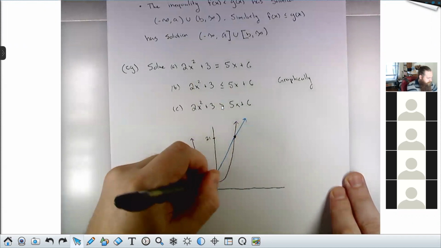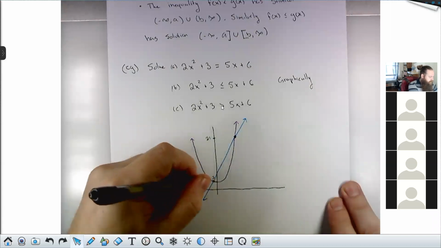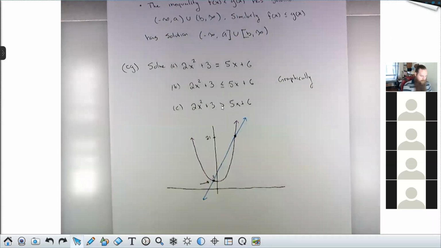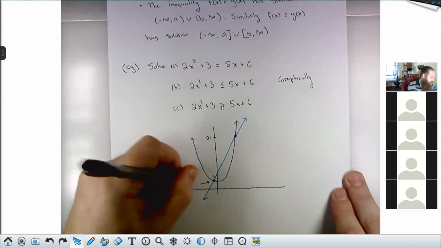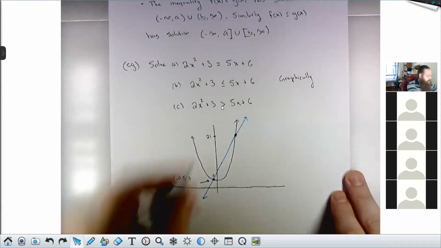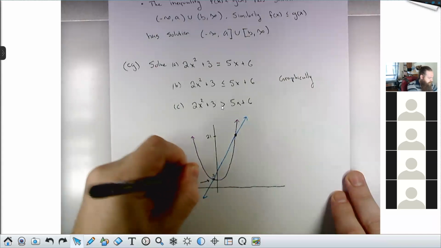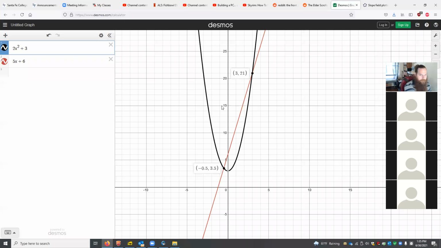All right. So from Desmos, we know that those intersection points are negative 0.5, comma, what was it, 2.5, right? 3.5, all right. And then up here, this is 3, comma 21.